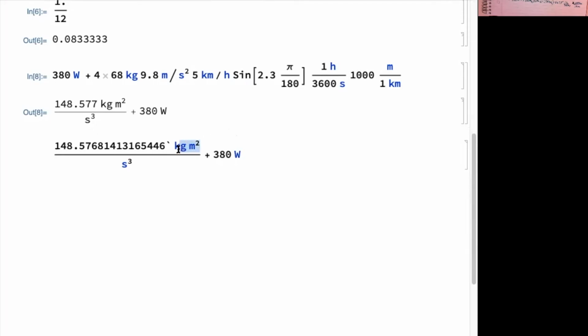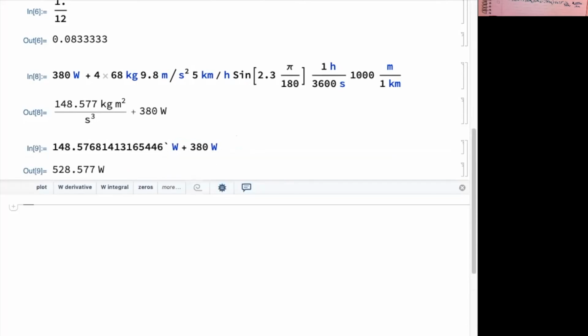So if we change all of this mess to W, because, well, it is watts, we get 528 watts or 530 watts. Well, folks, it looks like we've done it. That's the right answer.